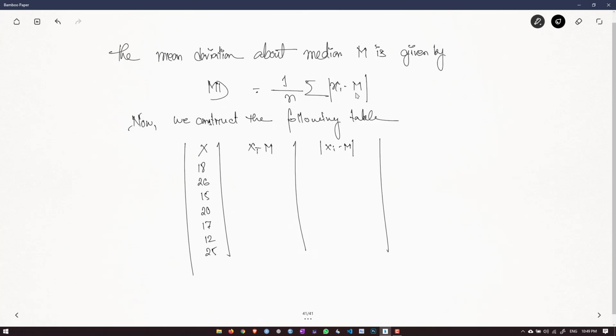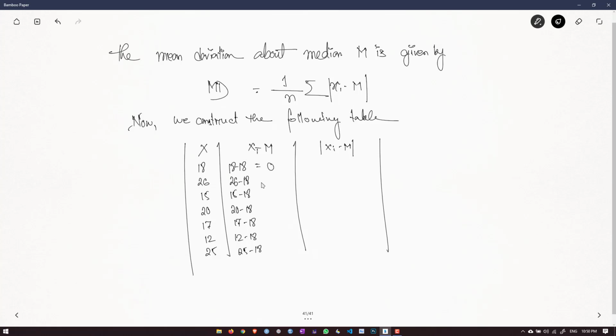Now xi minus M, median is 18. So you will have to subtract 18 from all of them, right? That means you have to find 18 minus 18, 26 minus 18, 15 minus 18, 20 minus 18, 17 minus 18, 12 minus 18 and last 25 minus 18.